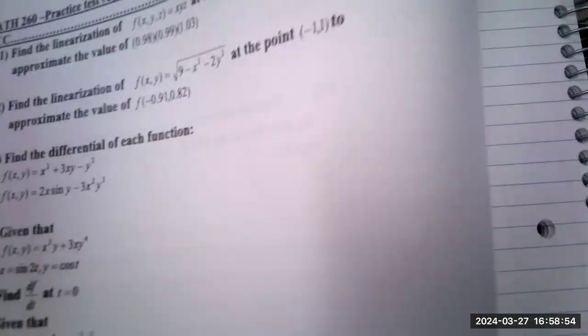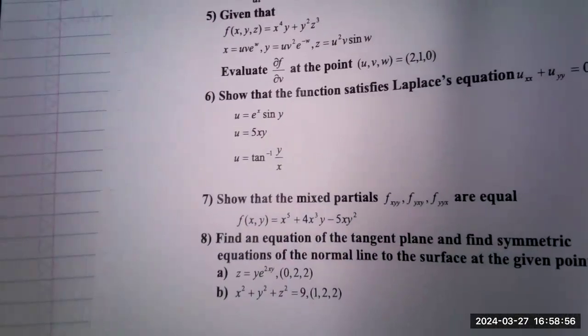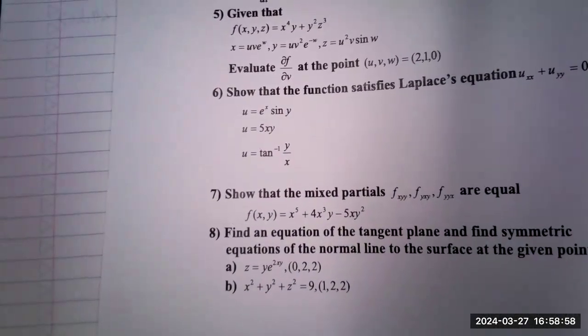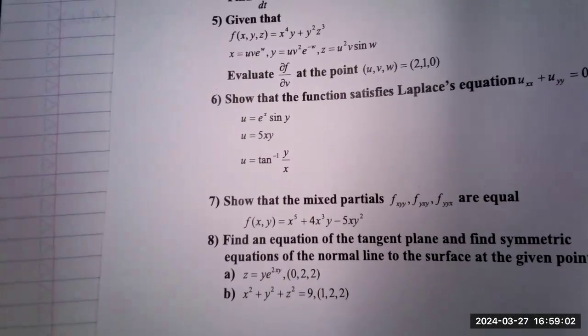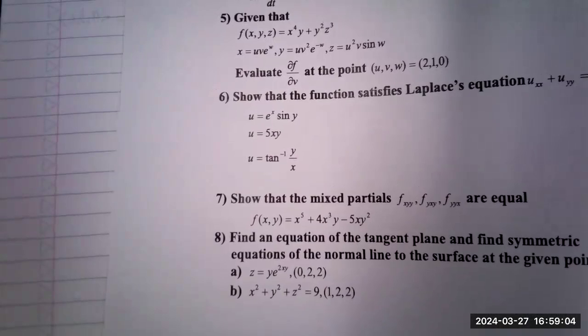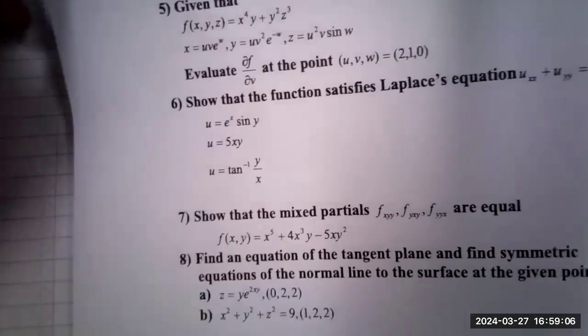Part 2 is kind of a sphere level surface: x squared plus y squared plus z squared equal to 9 at the point 1, 2, 2. Same thing, pull everything to one side, make it a function, and just go for it.